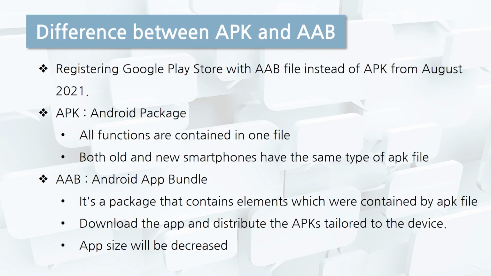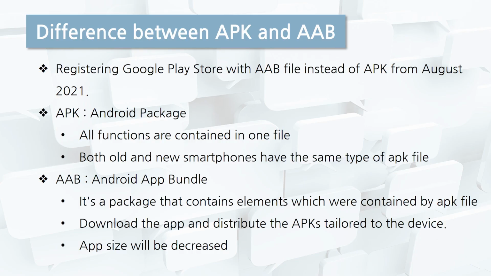That means if you want to register your application, you have to generate it as an AAB file. An APK file, the Android package, means all functions are contained in one file, and old and new smartphones support the same type of APK file.